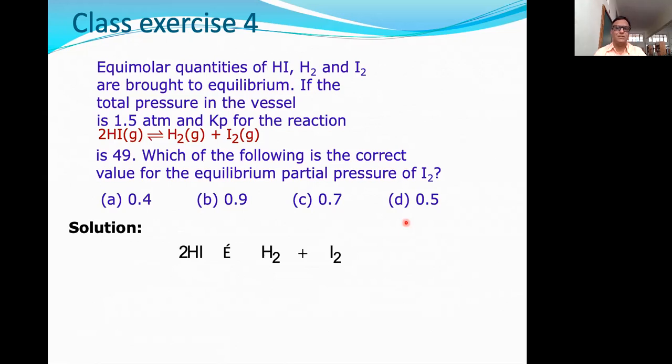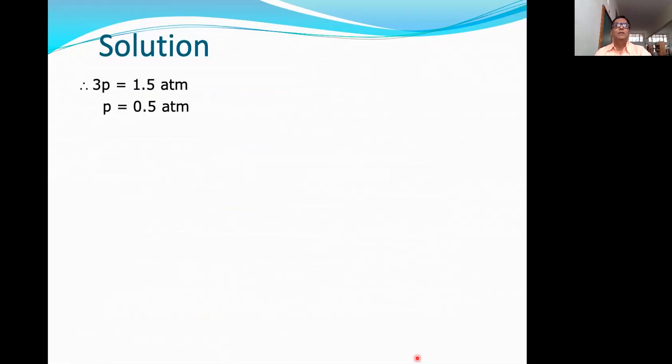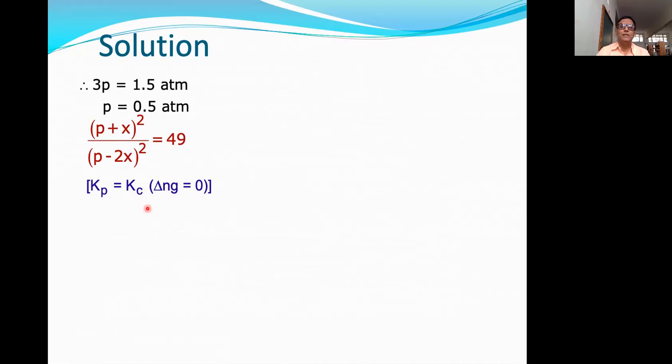The reaction is given as twice HI gives H2 gaseous plus I2 gaseous. Initial pressure is P. The final pressure here will be P minus 2x, here P plus x and here P plus x. Now 3P is equal to 1.5 atmosphere. Therefore, P is equal to 0.5 atmosphere. Now, in bracket P plus x square divided by P minus 2x square is equal to 49. Now here Kp is equal to Kc as delta Ng is equal to 0.